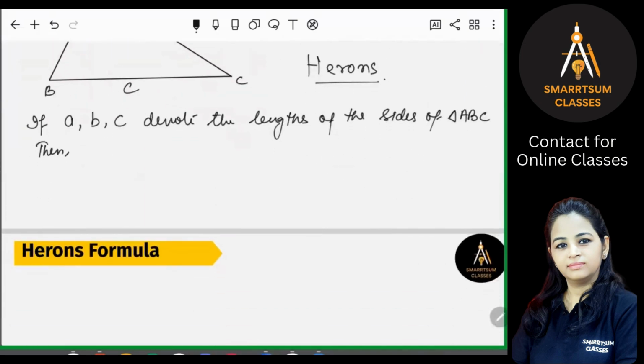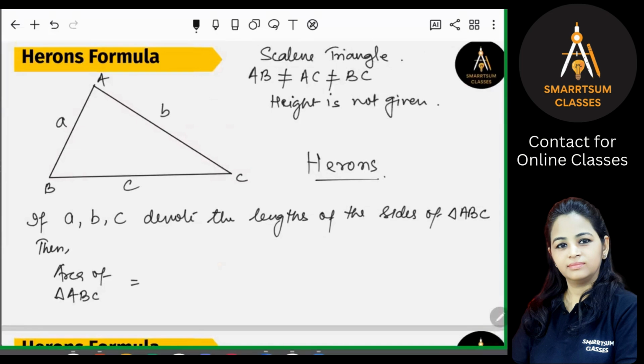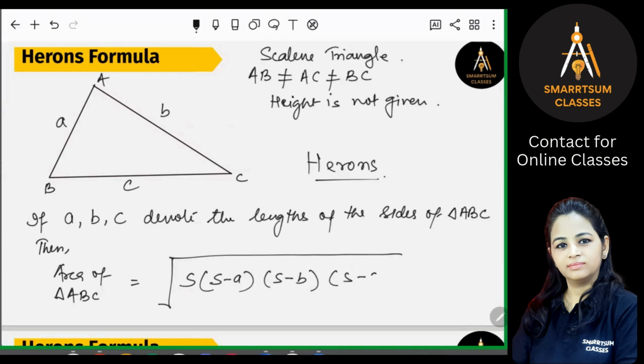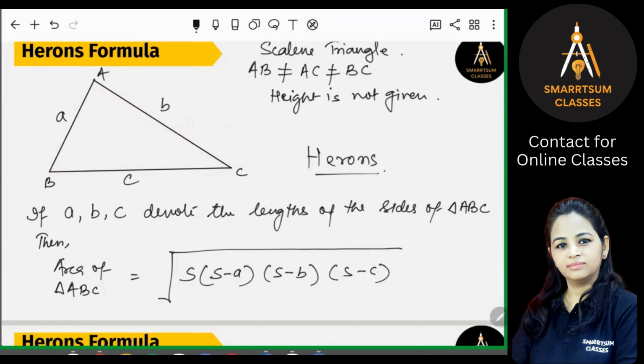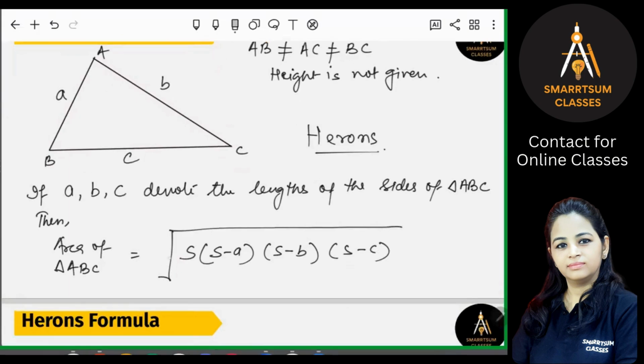area of triangle ABC will be given as square root of s into (s minus a) into (s minus b) into (s minus c).